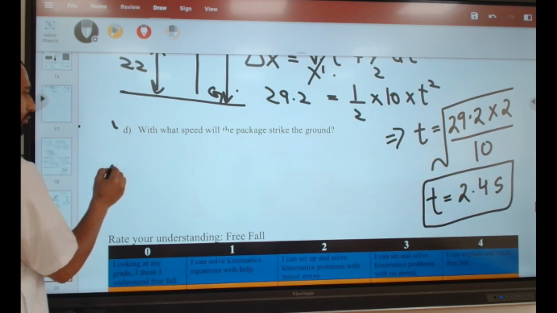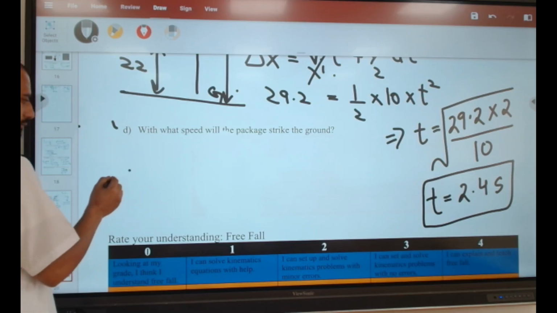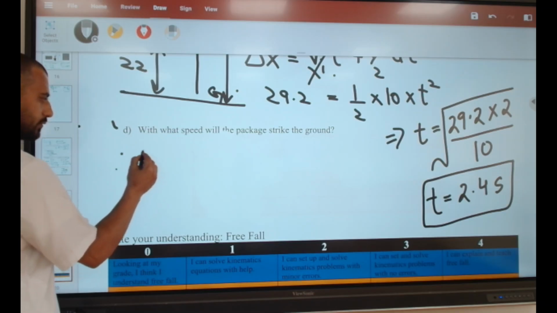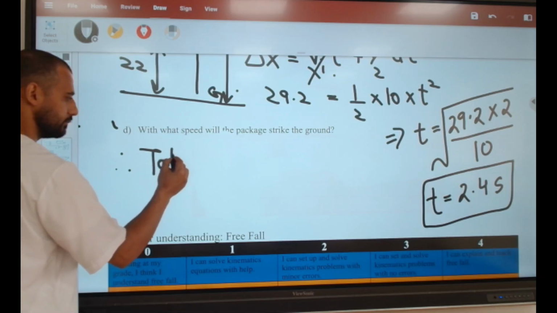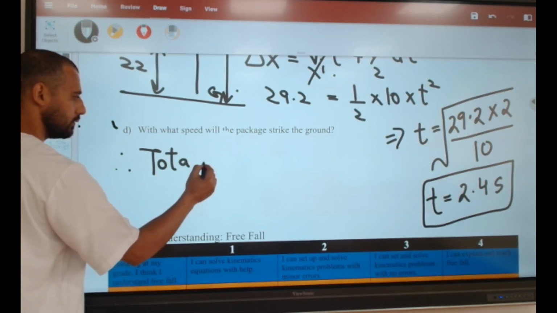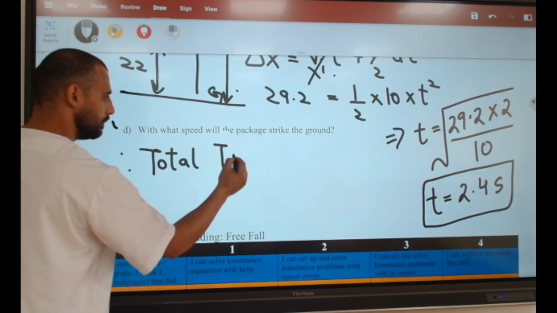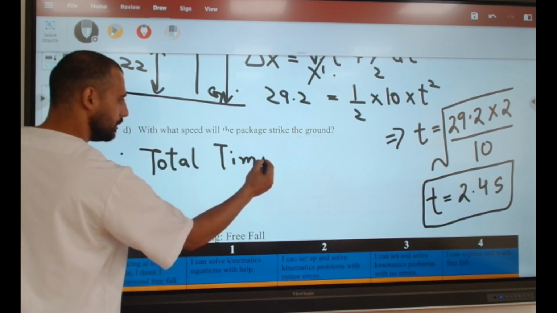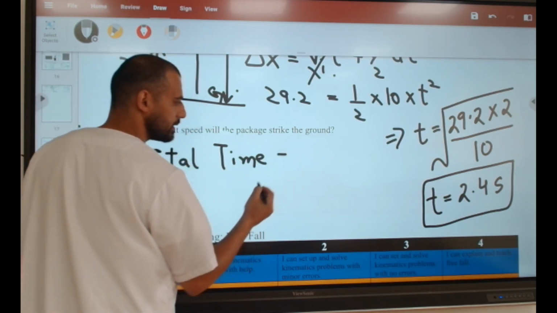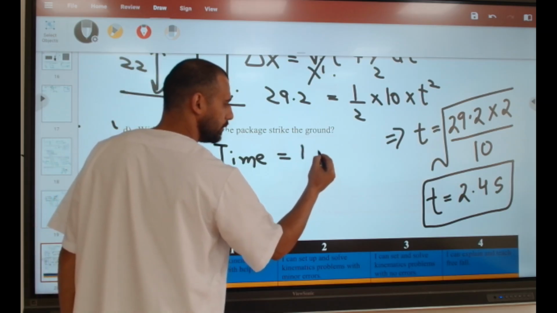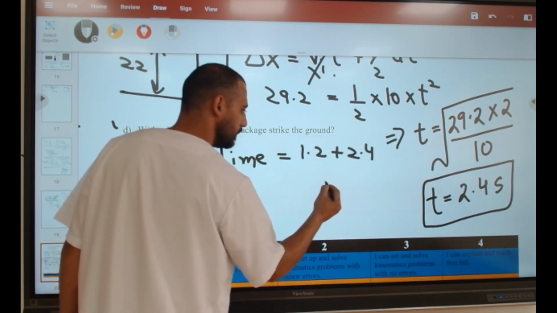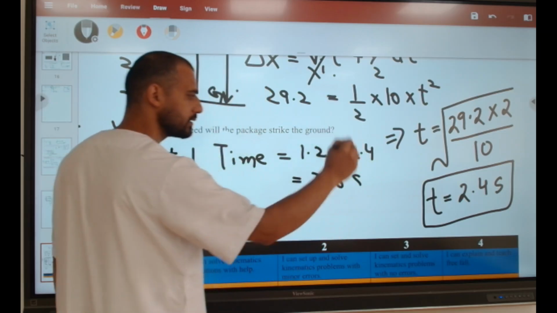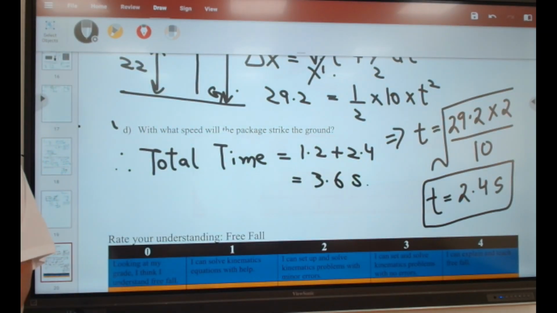The total time would be 1.2 plus 2.4, that would be 3.6 seconds. Is it clear? Any doubt?